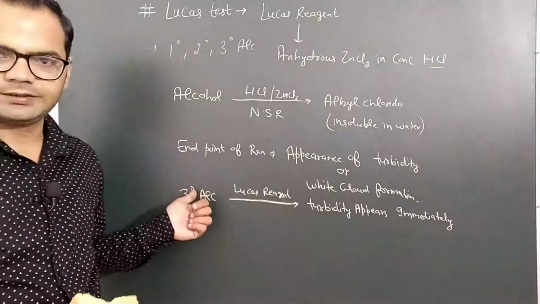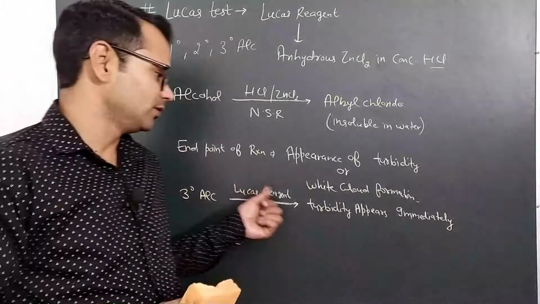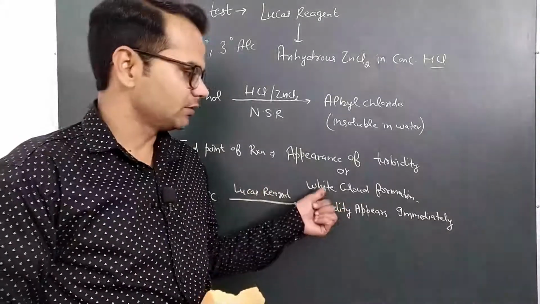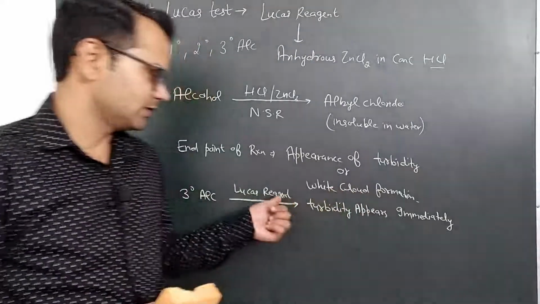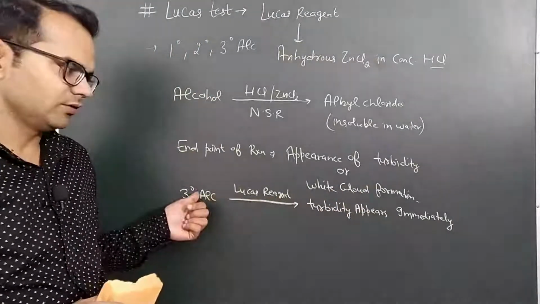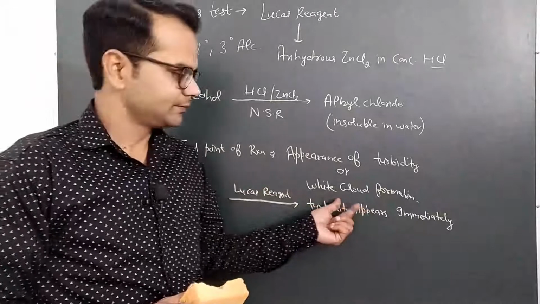If alcohol is tertiary, then it will react with Lucas reagent to form turbidity at the moment. At the moment Lucas reagent is added to tertiary alcohol, turbidity will appear.